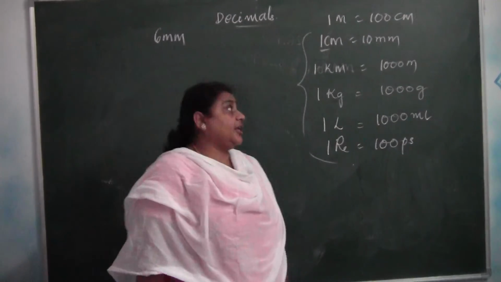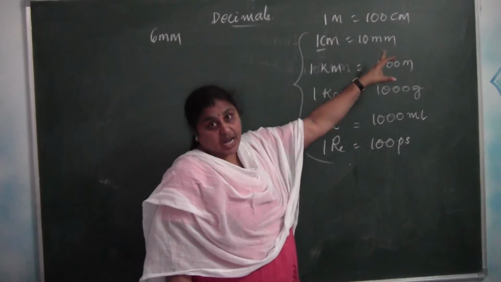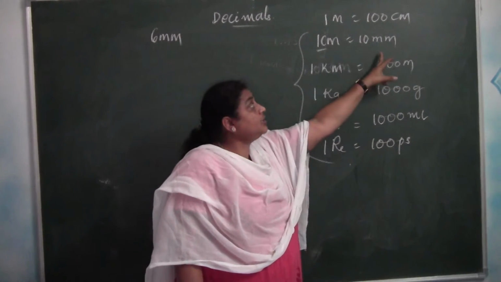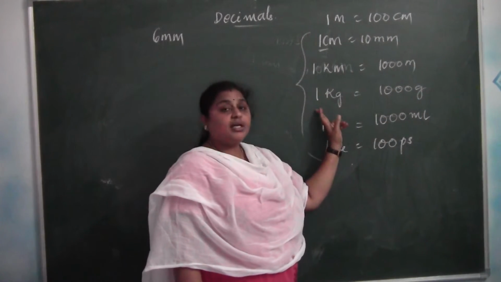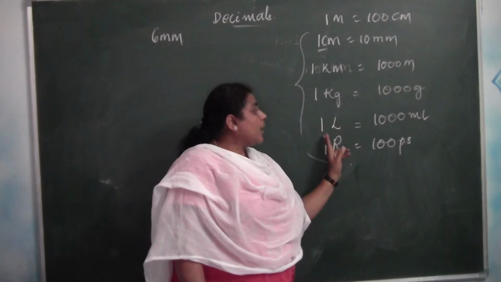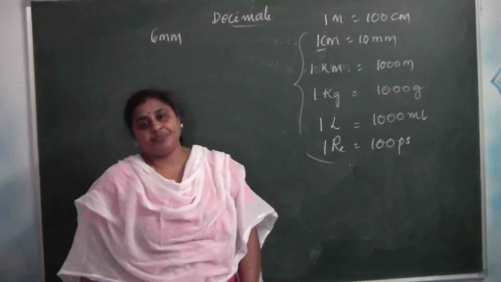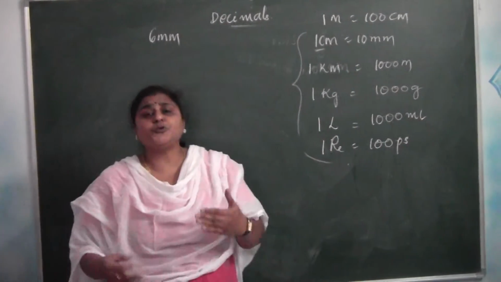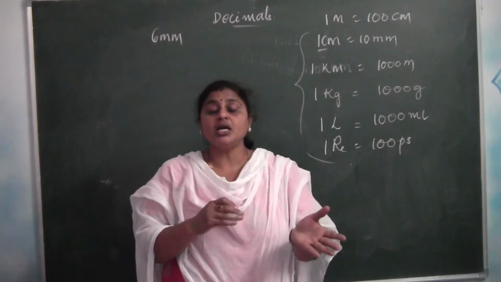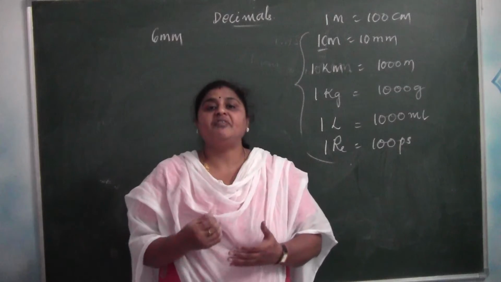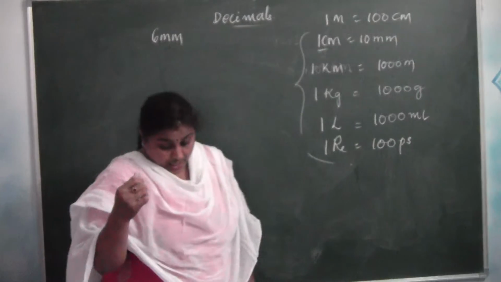Now before writing that, you have to remember these relations, children, like the values: 1 meter 100 centimeters, 1 centimeter 10 millimeters, 1 kilometer 1000 meters, 1 kilogram 1000 grams, 1 liter 1000 milliliters, and 1 rupee 100 paise. So all these values you should be able to remember so that you can express whatever the units they are asking you very easily.